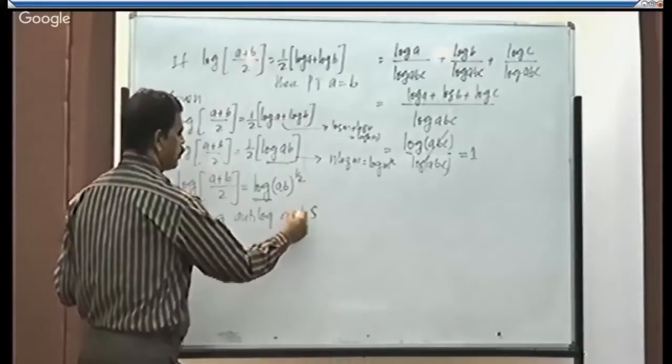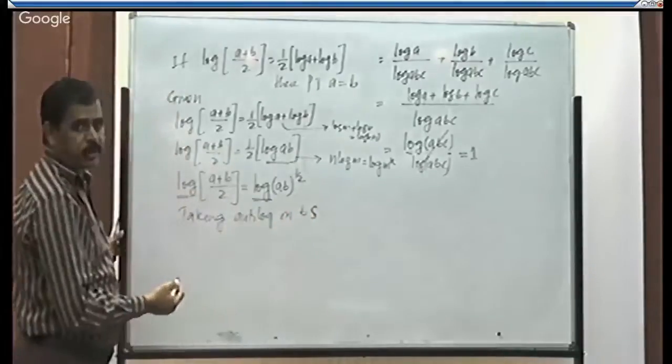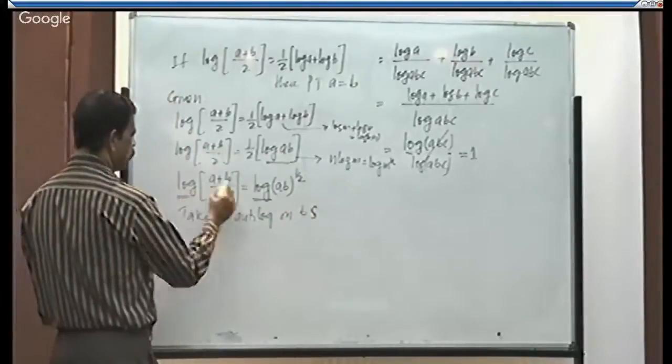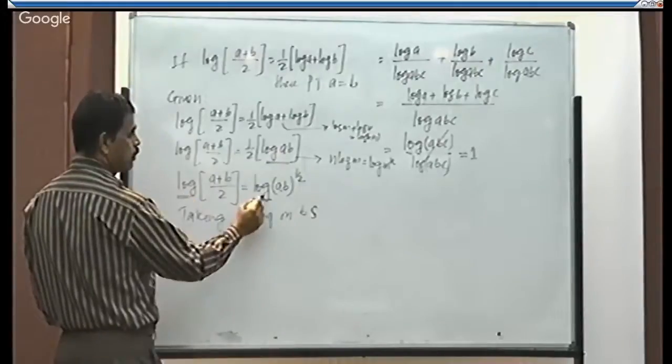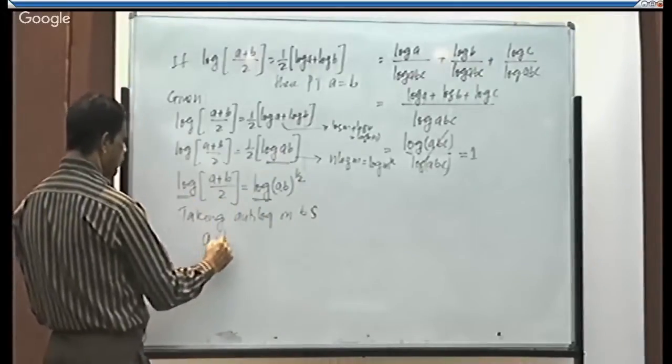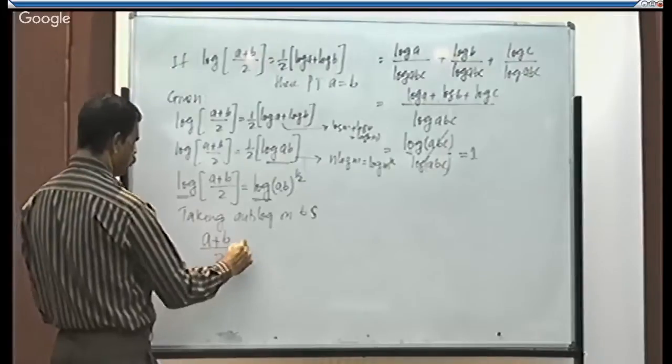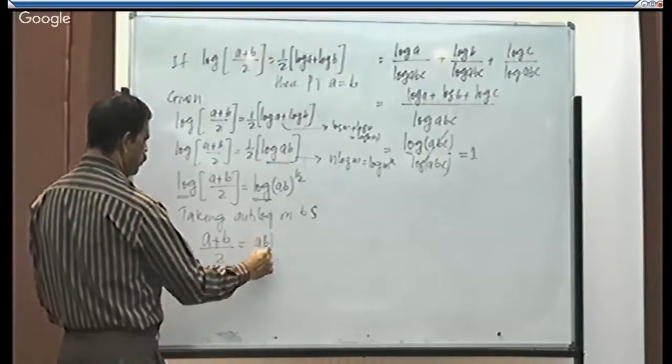The purpose of taking anti-log is to cancel the log on both sides. It becomes (A plus B) divided by 2 is equal to AB to the power of 1 by 2.